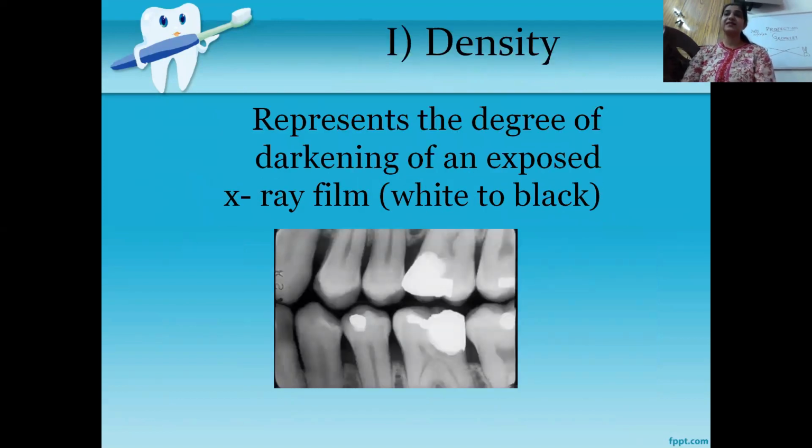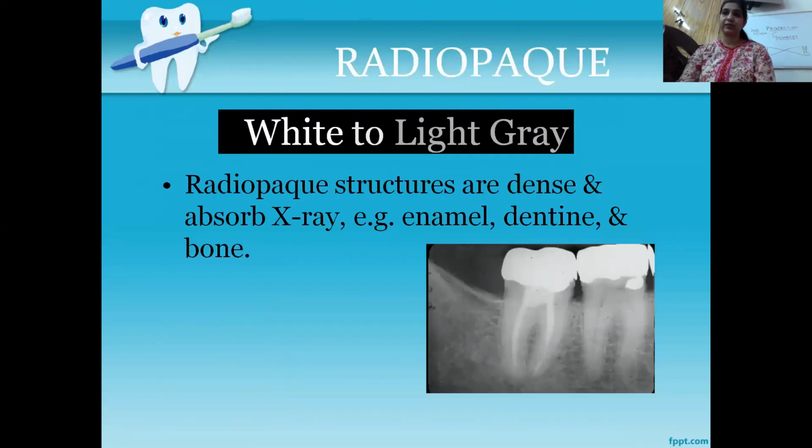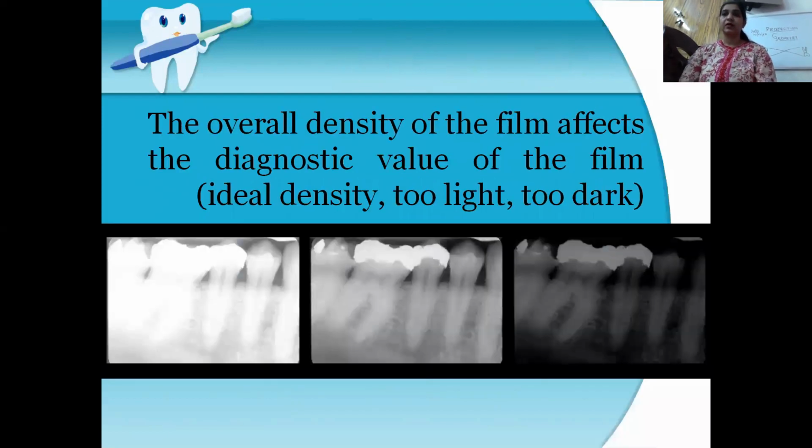Density represents the degree of darkening of an exposed X-ray film from white to black. The overall density of the film affects its diagnostic value. On the extreme right we can see a very dark radiograph, whereas on the left we can see a very light radiograph.